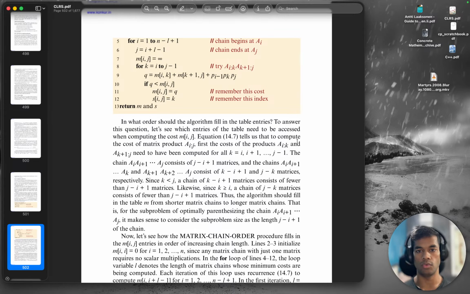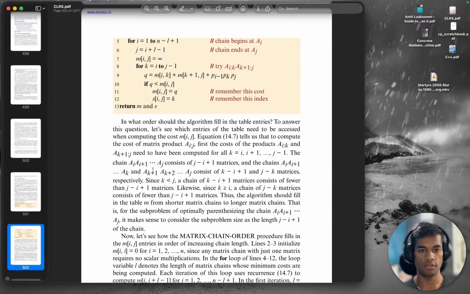To compute the cost of matrix product A_i..j first, the costs of products A_i..k and A_k+1..j need to have been computed for all k equals i to j-1.